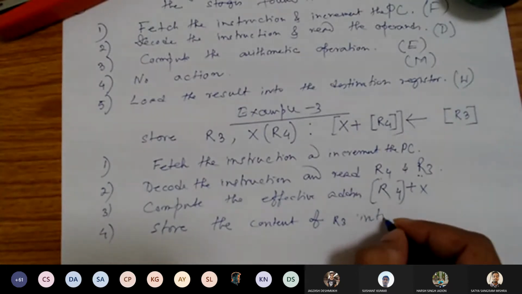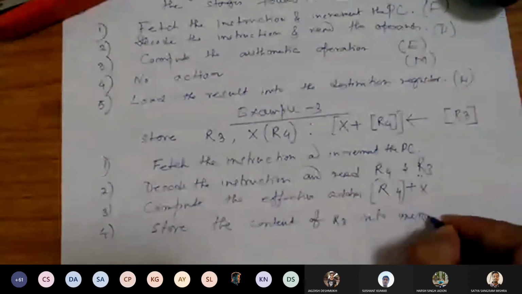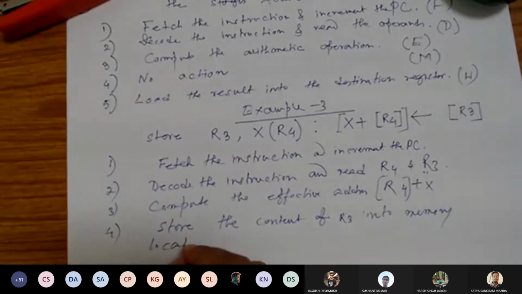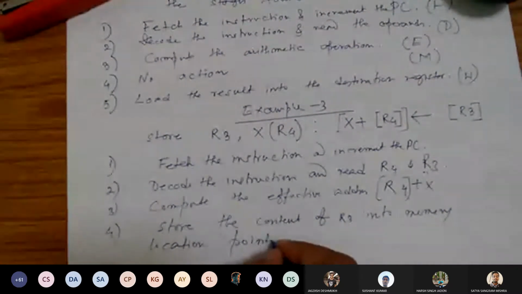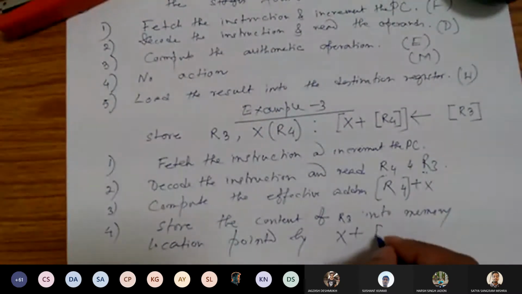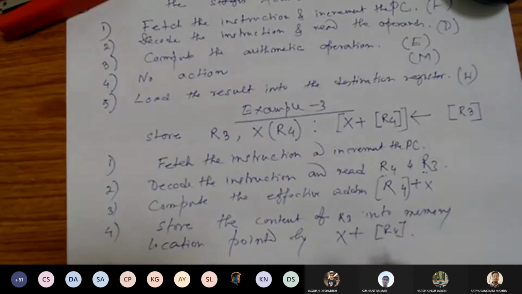into memory location pointed by X plus R4. 5th stage is no action.